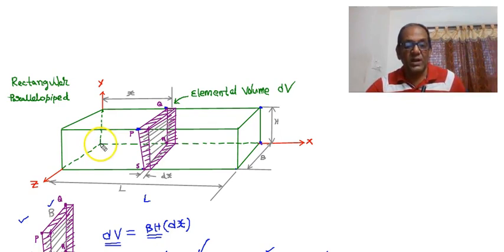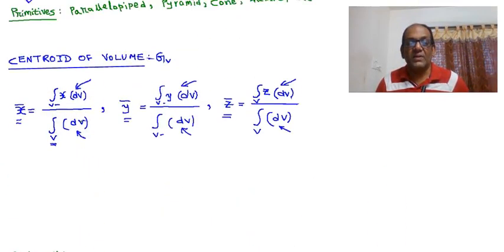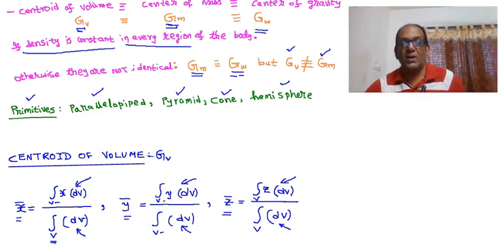Thus, we would locate the centroid of the rectangular parallelepiped by traveling halfway across this L by 2 distance, and then halfway vertically, and then halfway along the z-axis. We will locate the centroid by G.